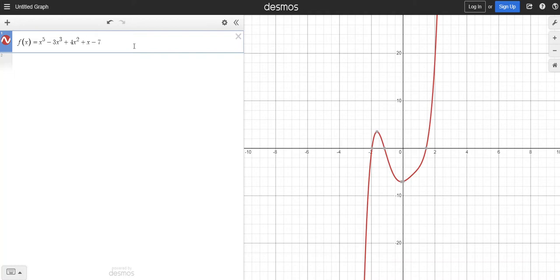All right, so we have this somewhat strange shaped graph. By the way, one really quick check you should always do is to be sure we think we've got the whole picture here. As a fifth degree equation, I know that the end behavior should be like x to the fifth, so down to the left and up to the right is appropriate. I probably am seeing everything I need here.